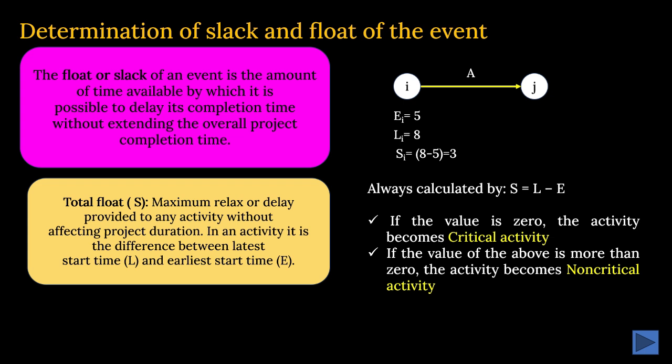So the total float is calculated by latest start time minus earliest start time. If it is 0, the activity becomes a critical activity. If it is more than 0, it becomes a non-critical activity. Clear?